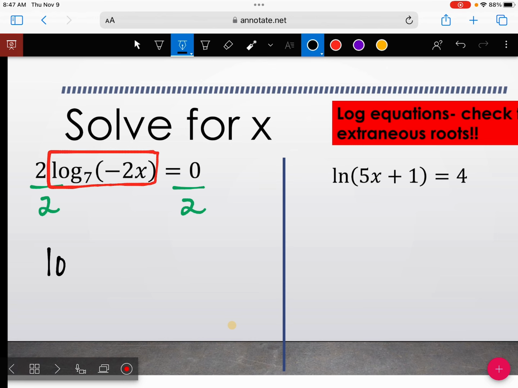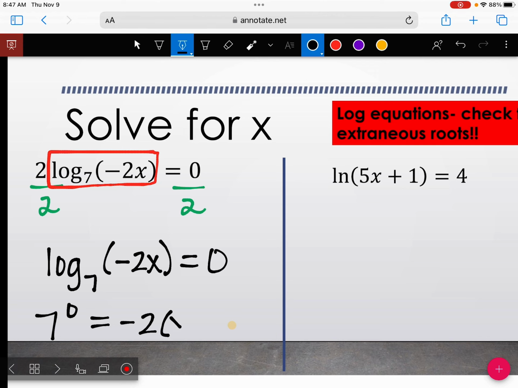I have log base 7 of negative 2x equals 0. So again, there's only a log on one side, so I need to do a rewrite. When I rewrite it, it would be 7 to the power of 0 equals negative 2x.